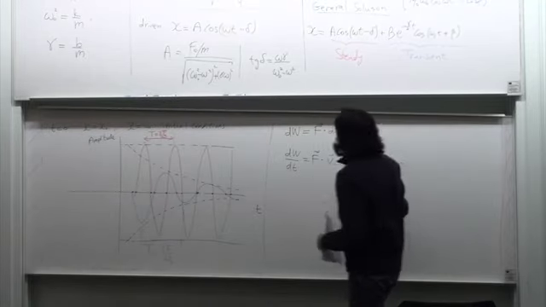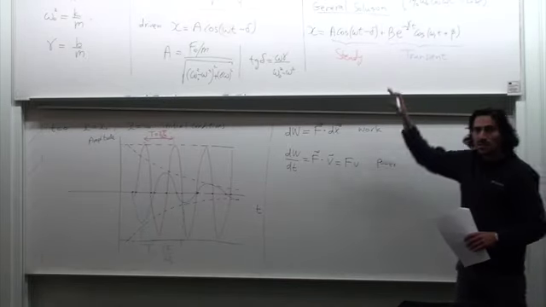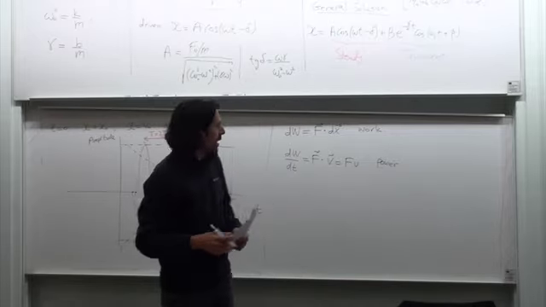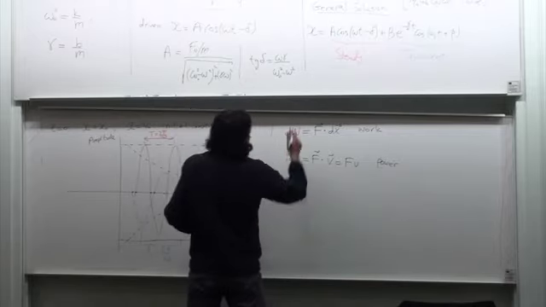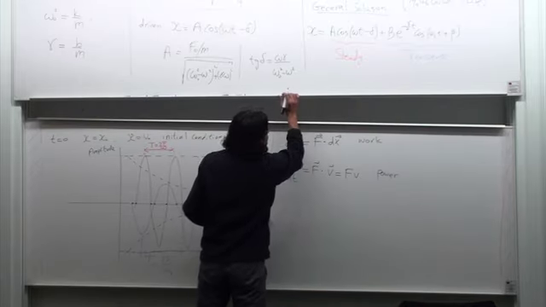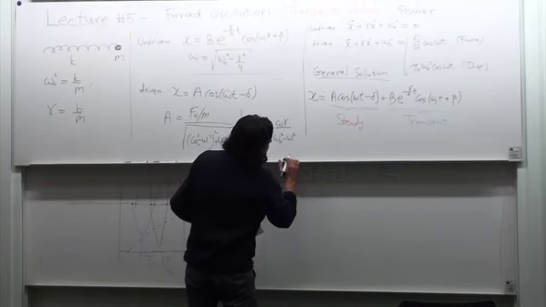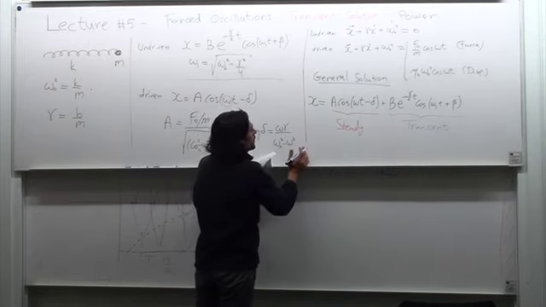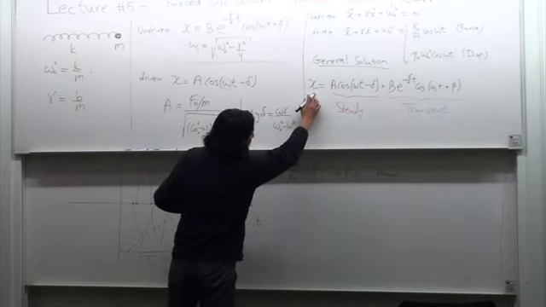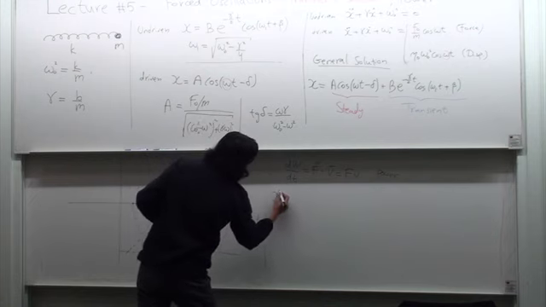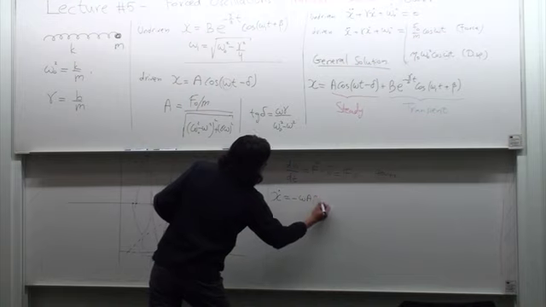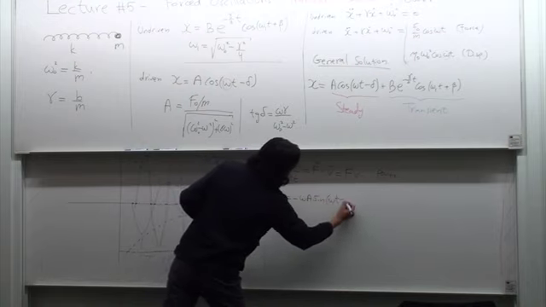And if you want to find v, you go to the steady state solution, and we want to find out the power after we waited enough time. So x dot is minus omega A sine(omega t minus delta).